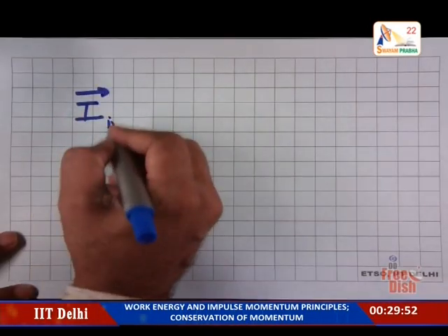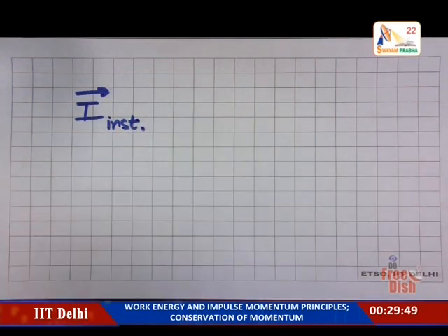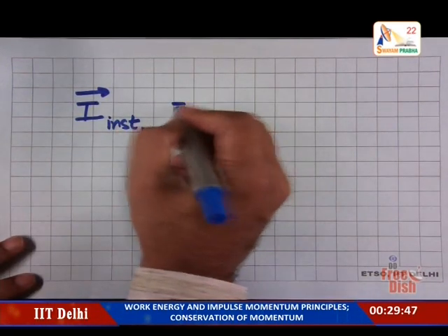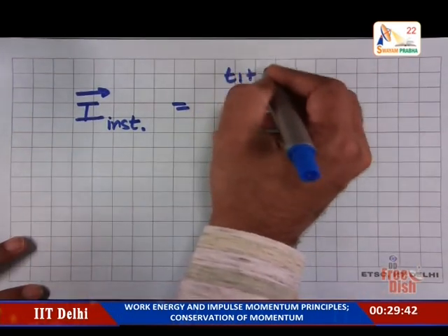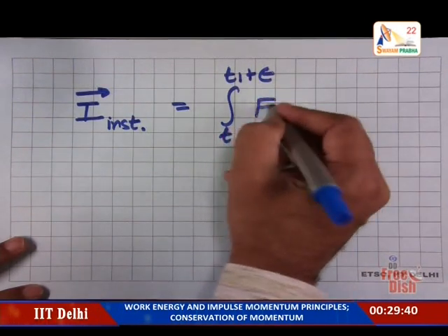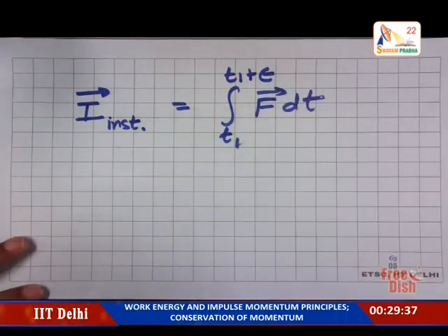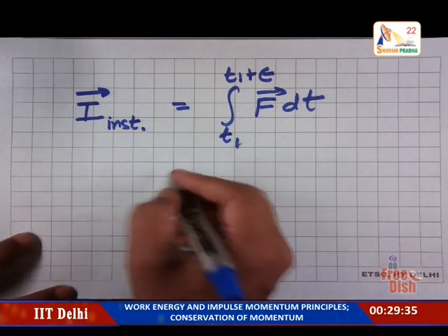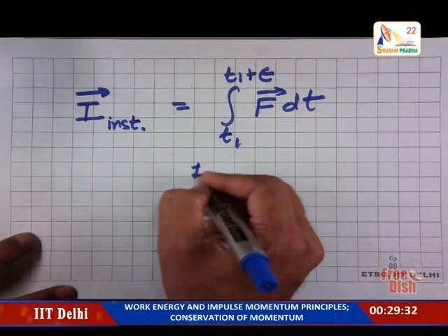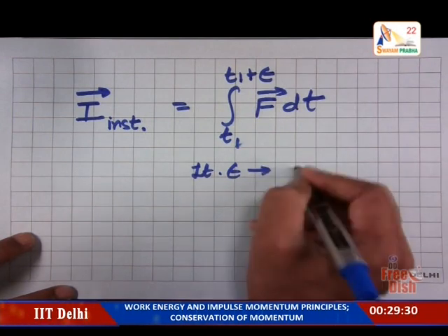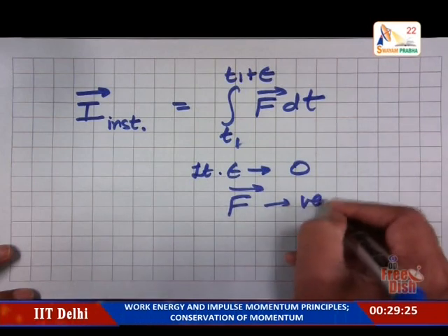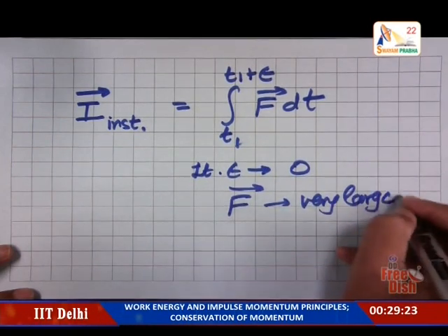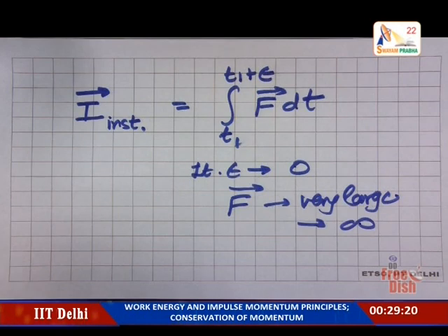We have already defined this quantity impulse; let us say I_INST shows an instantaneous impulse. This will be the integral from T1 to T1 plus epsilon of the integral of f dt, where we take the limit epsilon tends to 0 and f tends to be very large, which means we can idealize it to be going to infinity.